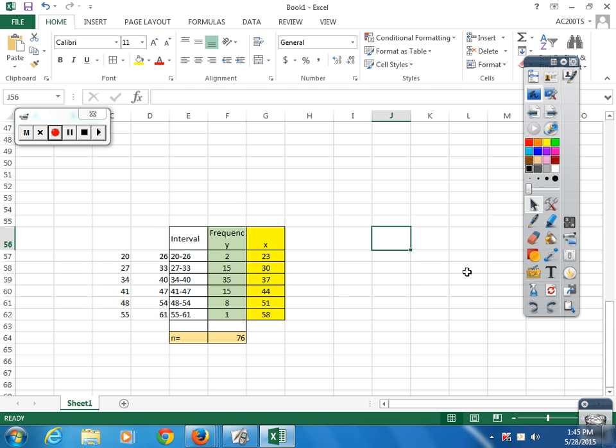Now, we need to go back to your formula, and we're going to need f times x. Oh, we're going to need f times x what? Squared. So we're going to need x squared next. This raised to the second power. And copy that down. And now we're ready.